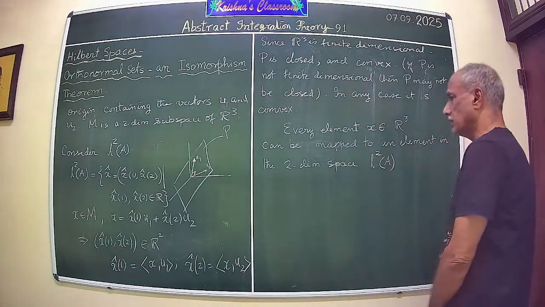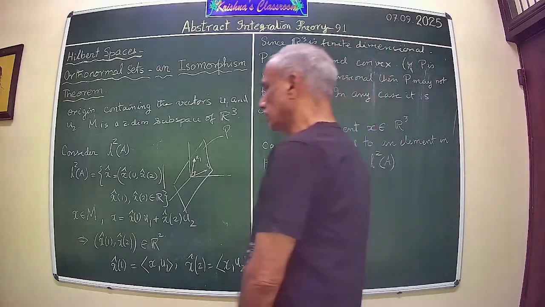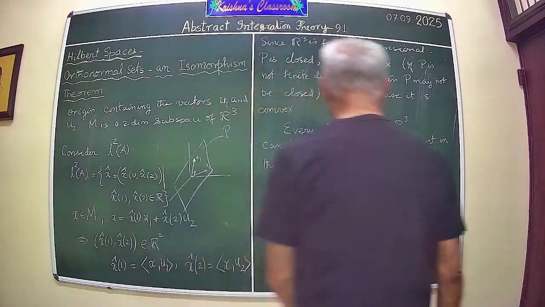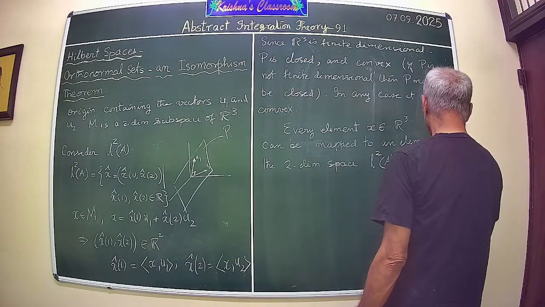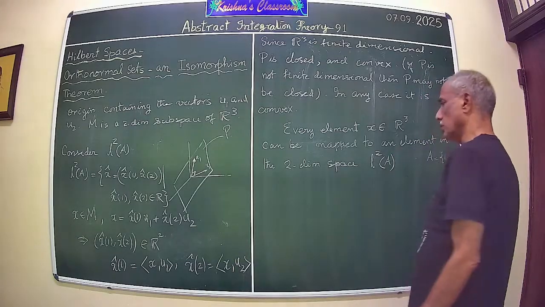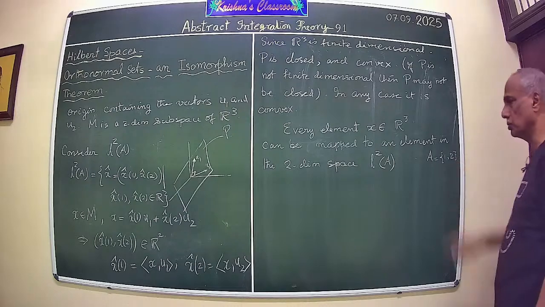So A consists of 1 and 2. So corresponding to that, you have U1 and U2.